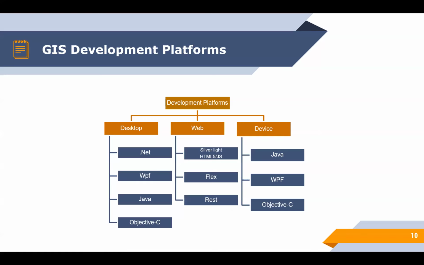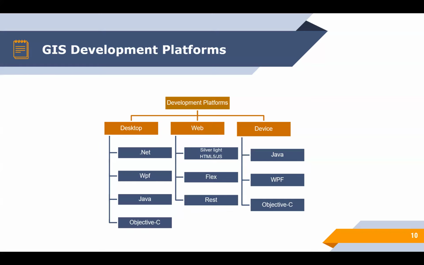The third category is device based. Device means mobile, iPad, any pad, any kind of device where we want to install the application. So this is the third category of the development platform.